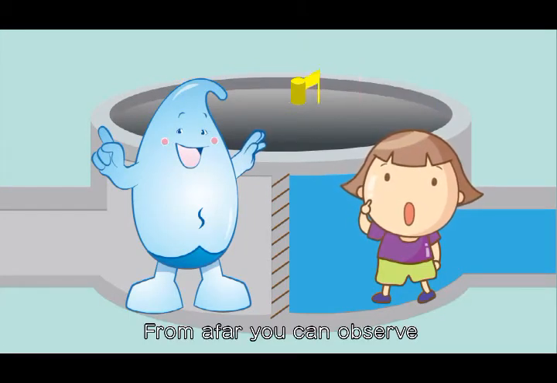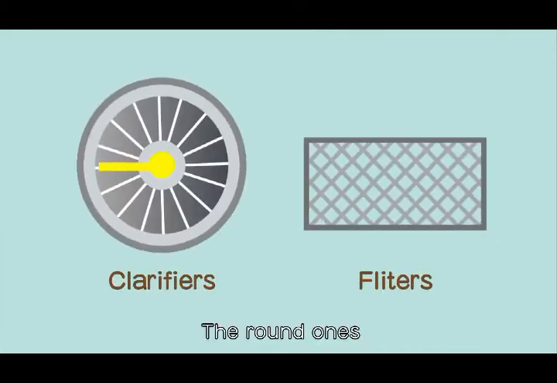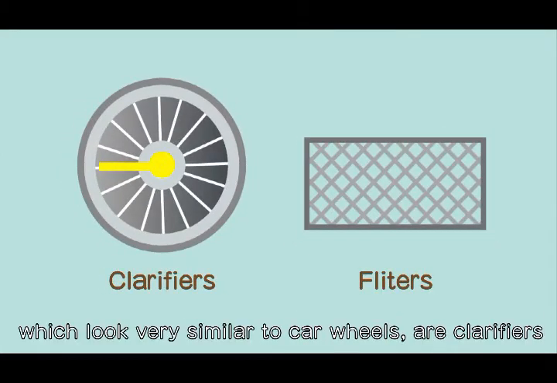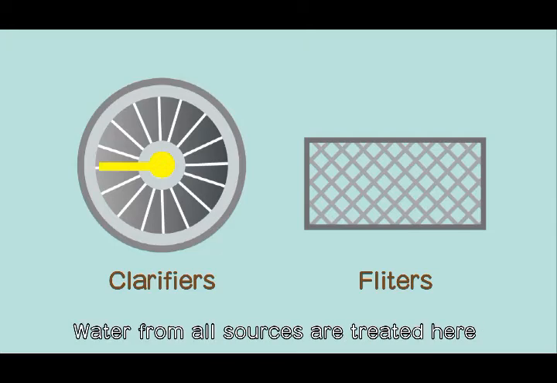From afar, you can observe two distinct shapes of pools. The round ones, which look very similar to car wheels, are clarifiers. The grid-like rectangular ones are filters. Water from all sources are treated here.